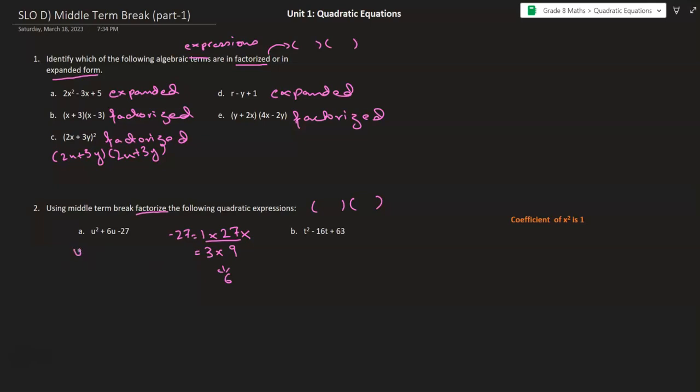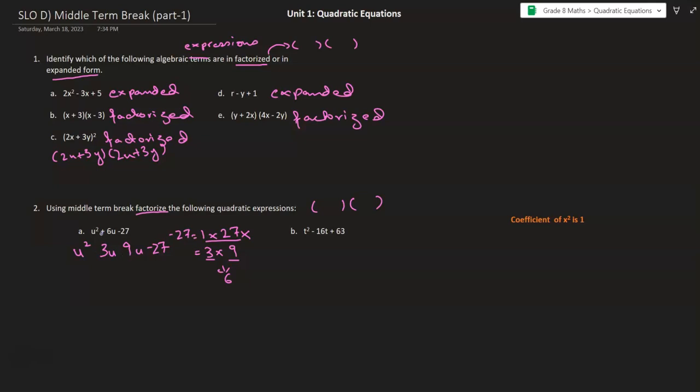So I will write y square, and I'm not going to write the signs in this case. What I'm going to write is just 3 and 9y. So 3y and 9y, and minus 27 comes as it is. Okay, so now I have to figure out what will be the sign of 3y and what will be the sign of 9y.